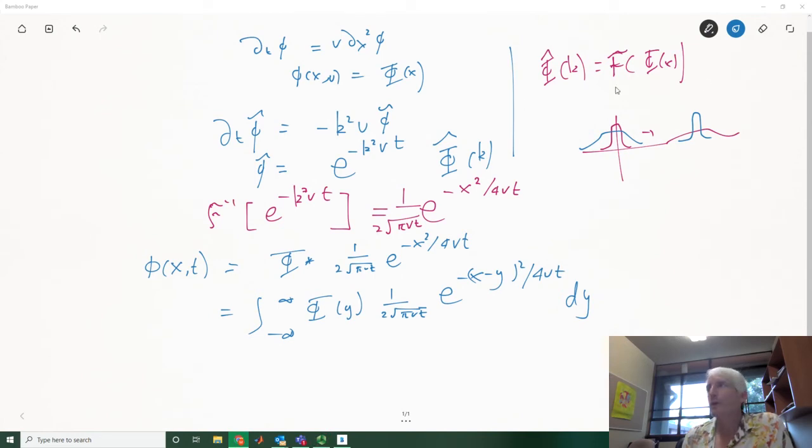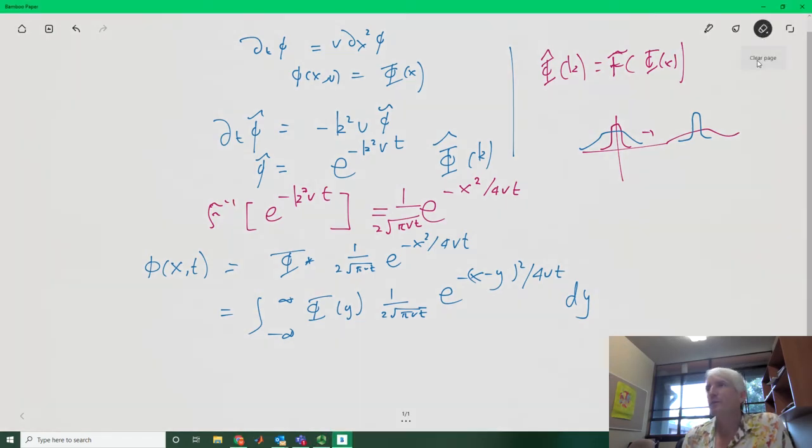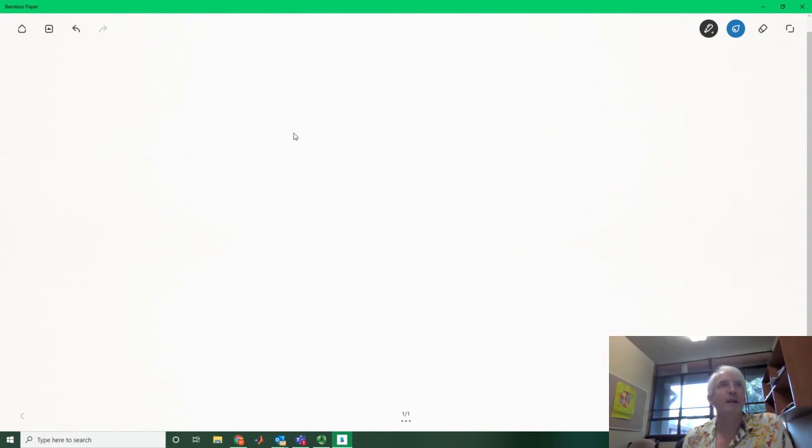We can do a few tricks with this to get a slightly neater version of the solution. We introduce this function f of x, y, t, which is equal to 1 over 2 nu times the integral from 0 to y of f of s ds, so that's the initial condition, plus x minus y squared over 2t.